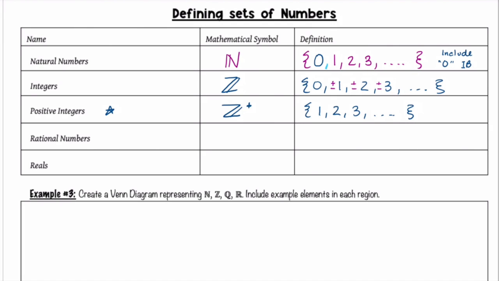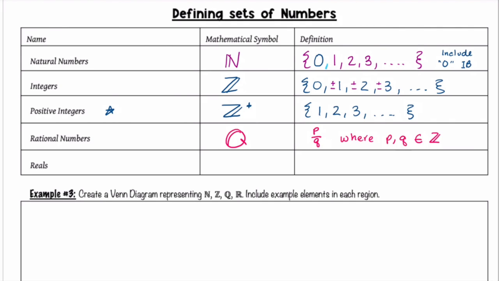All right, rational numbers. Rationals are all our fractions. The rationals are represented with this Q. We are dealing with some sort of fractions, P over Q, where P and Q are elements in the set of integers.